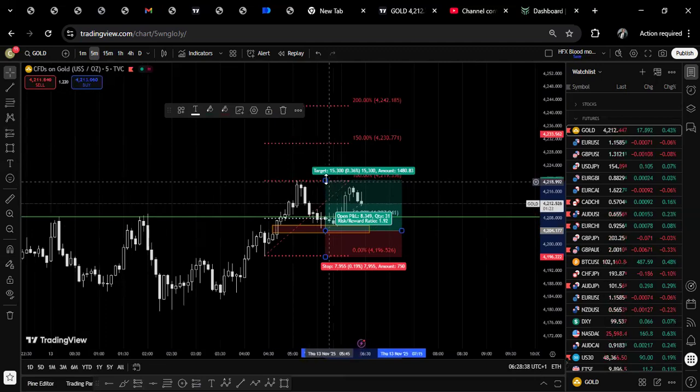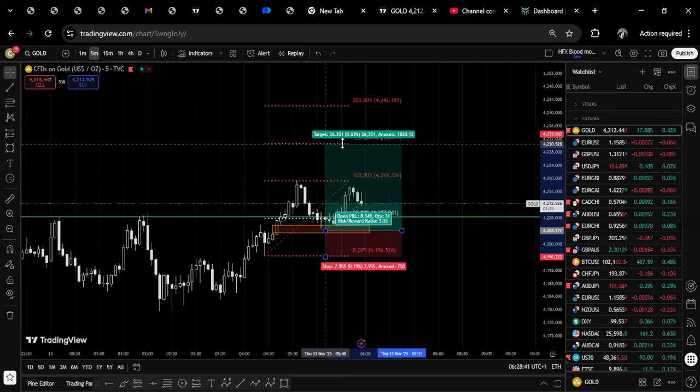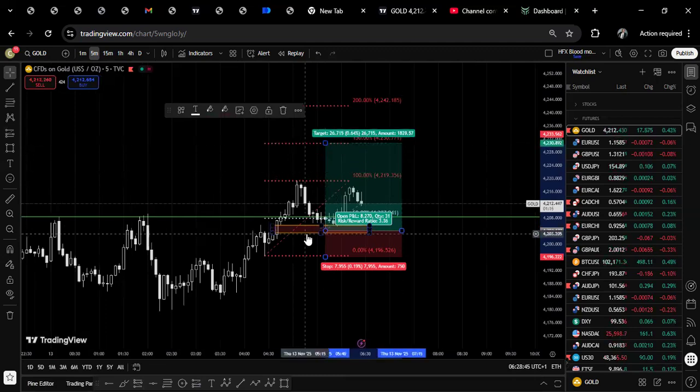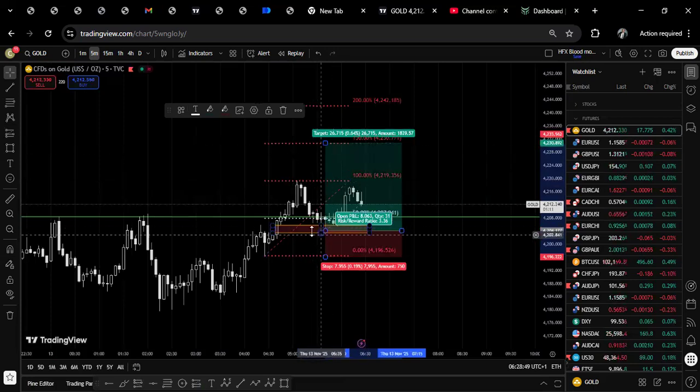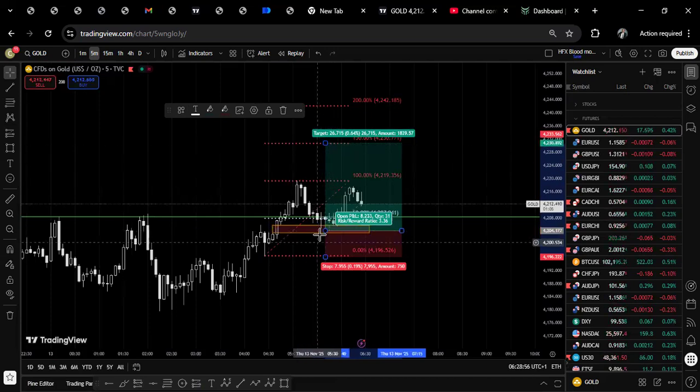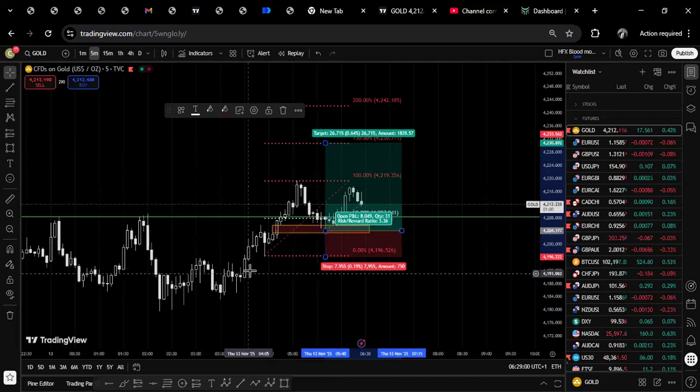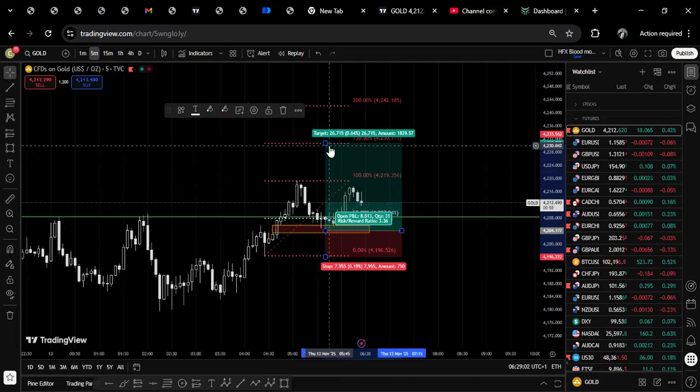But Fibonacci helps you to target at least an extra 50% of that move, targeting an extra 50% of this move from this Fibonacci. In fact, this 50%, most times the market gets there.